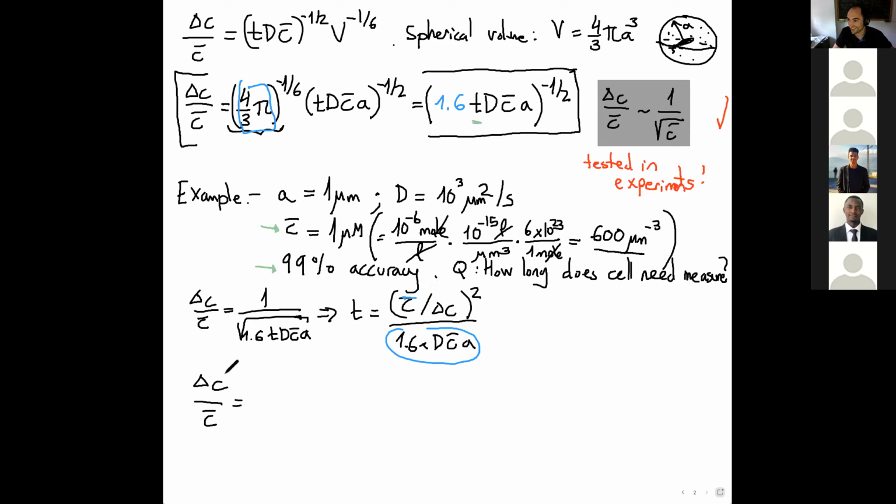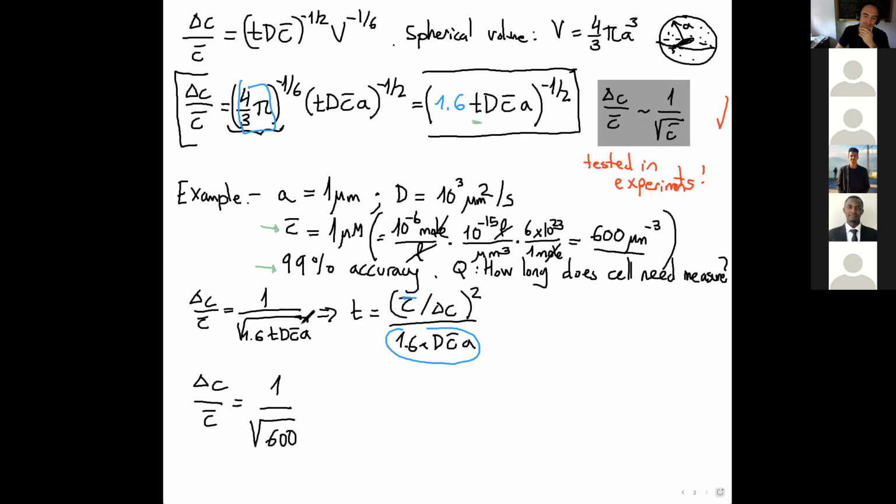Nobody? 1 over square root of 600. Square root of how much? 600. 1 over square root of C bar, so C bar is 600 micro.